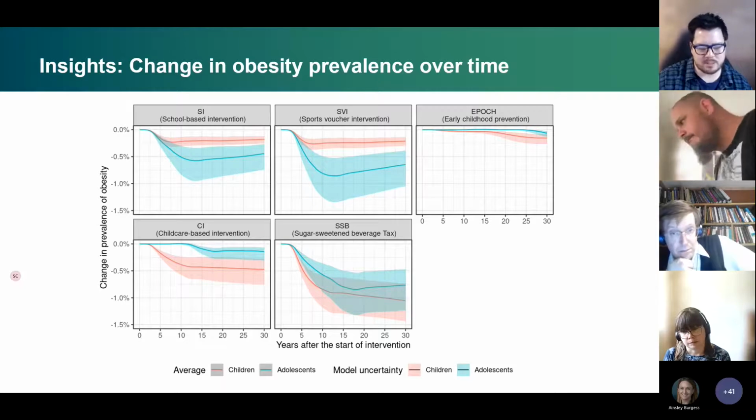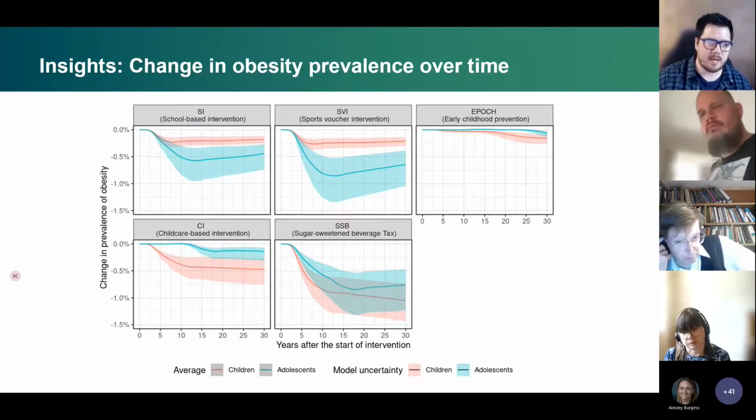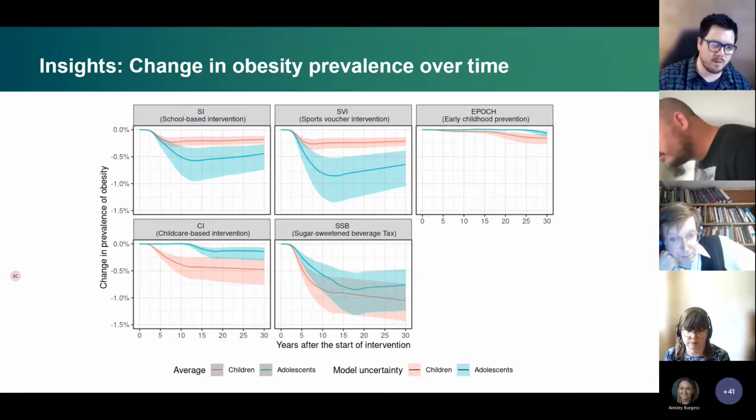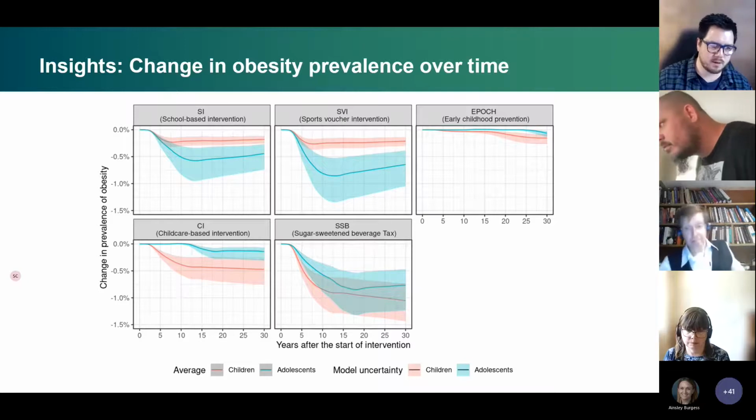We gained that uncertainty by looking at what variables go into structuring an intervention, and randomizing or sampling from those assumptions to better understand what range of outcomes we might expect to see in each scenario. And the solid line is just the average estimate over time.